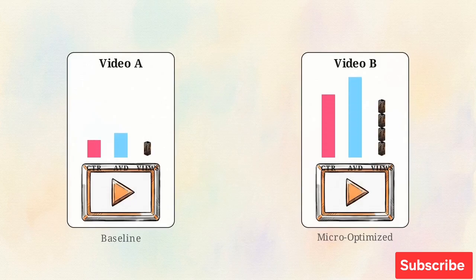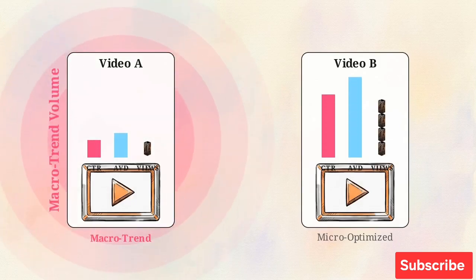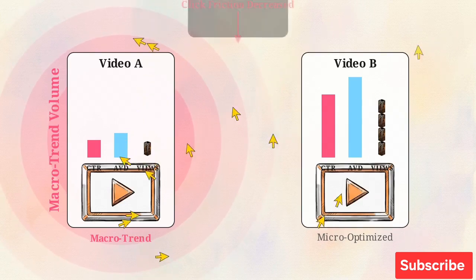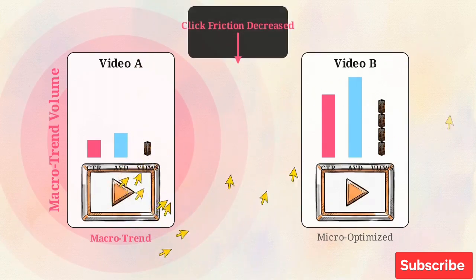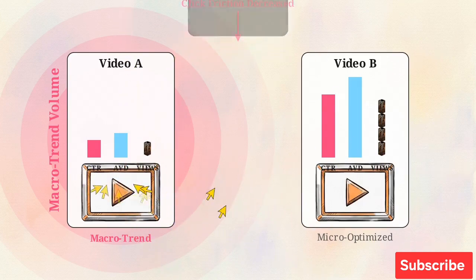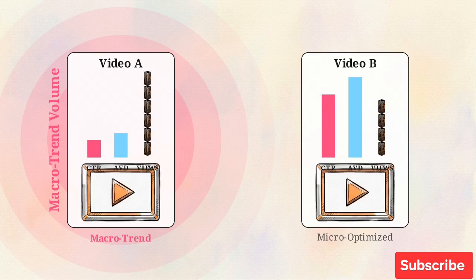Video A is attached to a subject that a massive platform-wide audience is actively seeking out at this exact moment. Aligning a video with a surging cultural topic lowers the click friction across the entire platform. People are highly motivated to engage with the subject, regardless of whether the thumbnail is perfect or the editing is flawless. This massive expansion of the available impression pool overrides the necessity for perfect micrometrics.